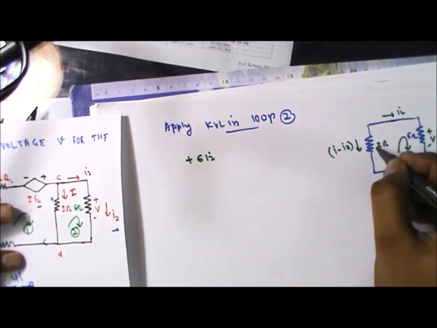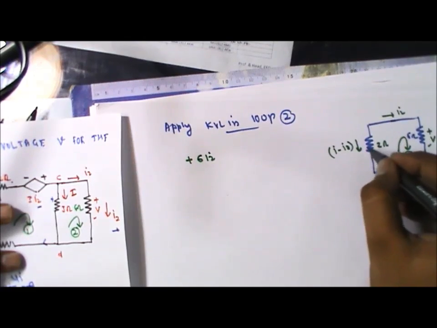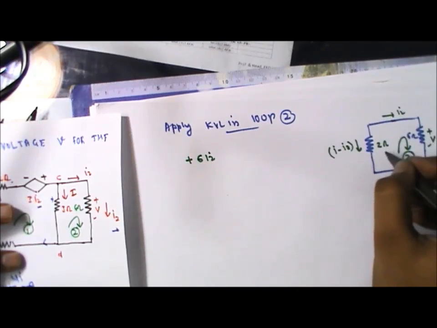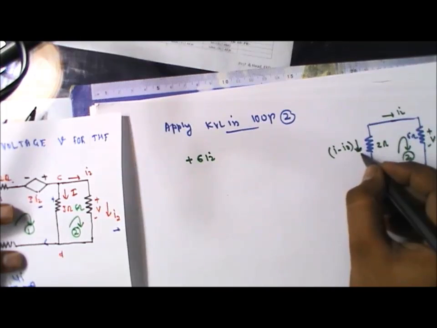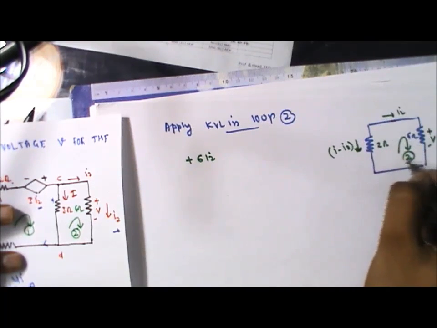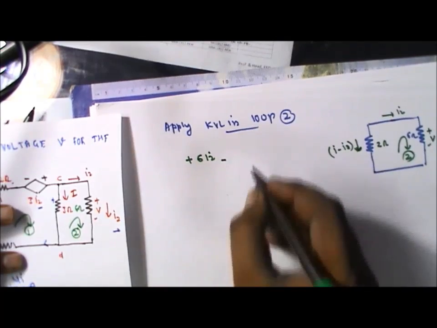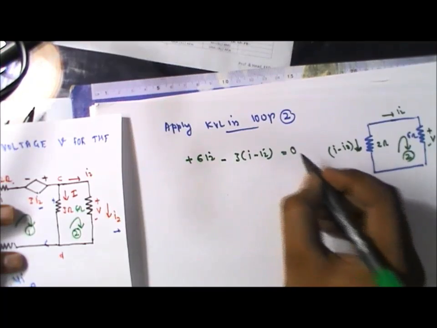We are moving in this direction, but the direction of the current that we have already assumed in this resistance is opposite to our rotation. We are moving in a clockwise rotation, but the direction of this current in this resistance is against our rotation. So it is minus. It should be minus 3I minus I2 should be equals to 0.